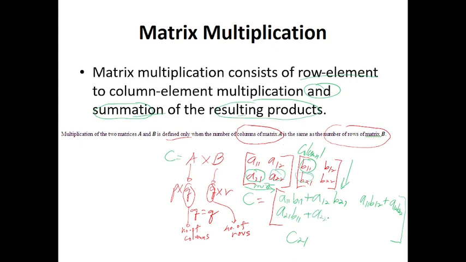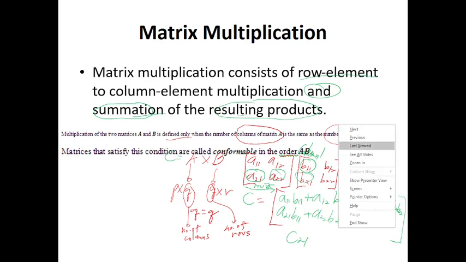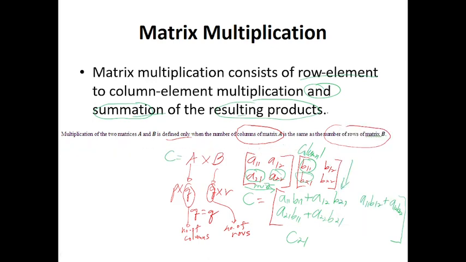Okay, ganun kasimple, no? O, next. Next is column 2 naman, kasi ito yung sa C22. So, row 2, column 2.